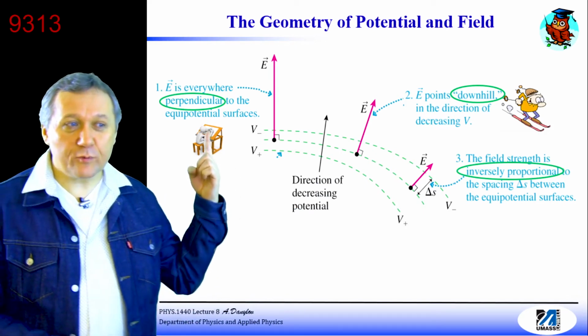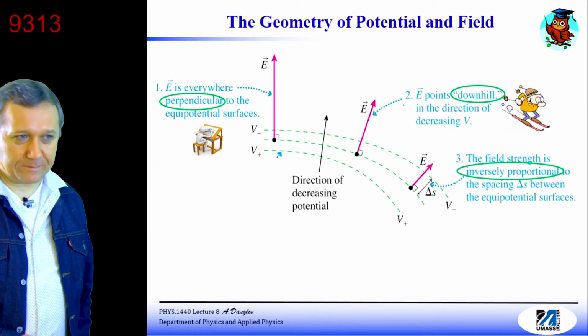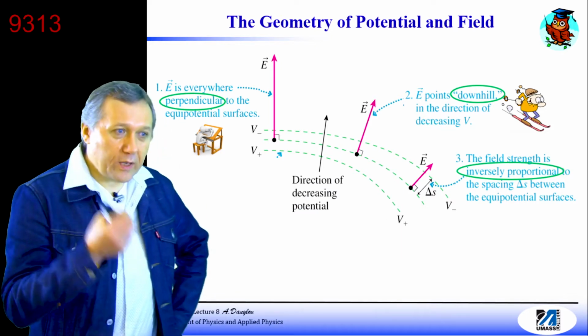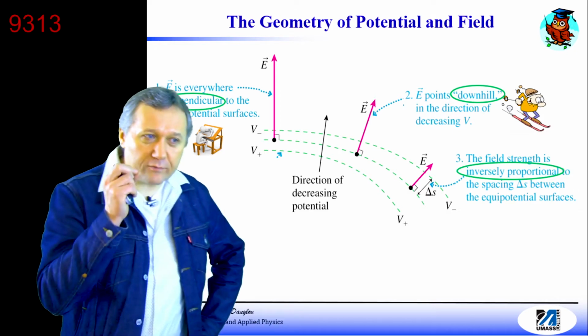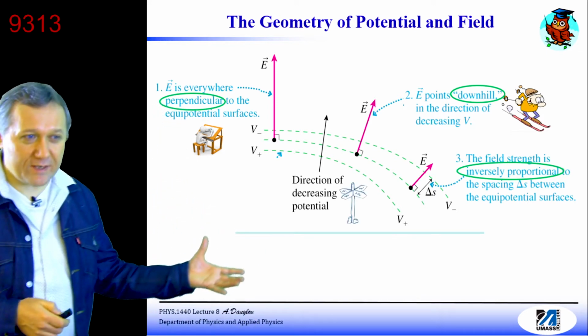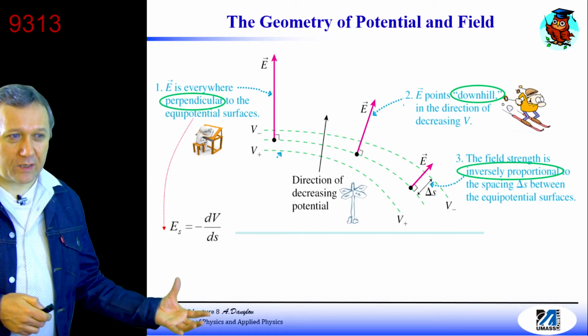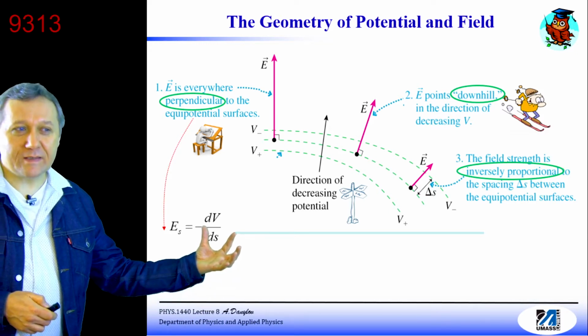Okay, so now let's quickly prove this perpendicularity. What do we have to use in order to prove that? First of all, we're trying to get information about the electric field from the electric potential. So we have to use this bridge, which is here: E sub s equals minus dV over ds.